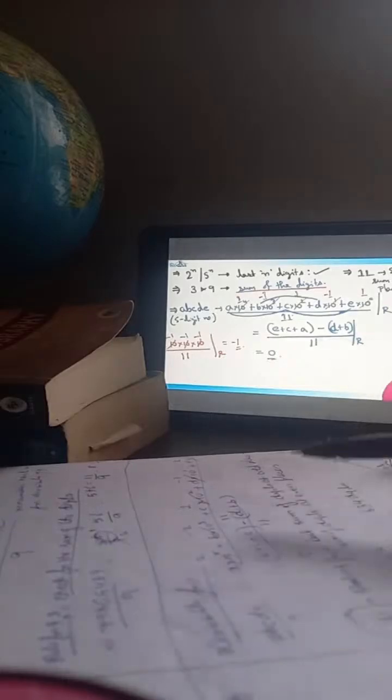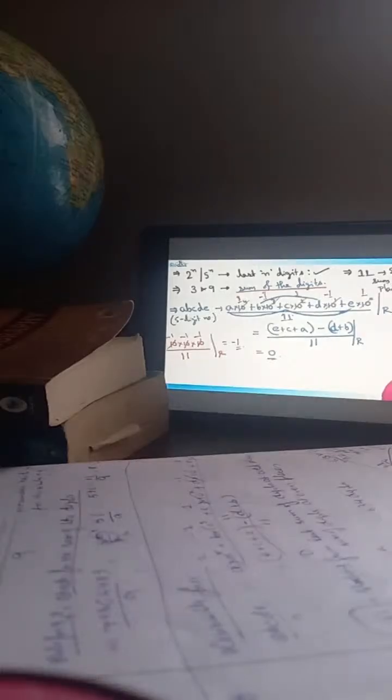Starting from last means the last digit counts as 1. Odd places are 1, 3 and 5, even places are 2 and 4. This should be either 0 or of the form 11k, because only then does dividing by 11 give remainder 0, meaning the number is divisible by 11.